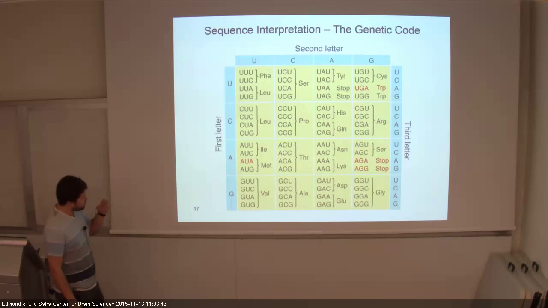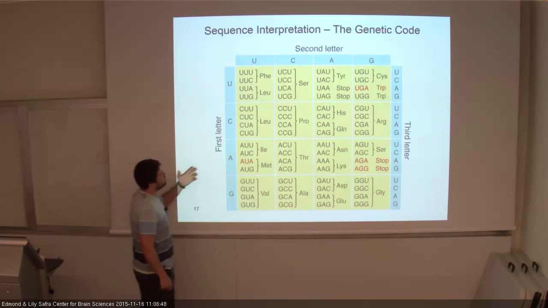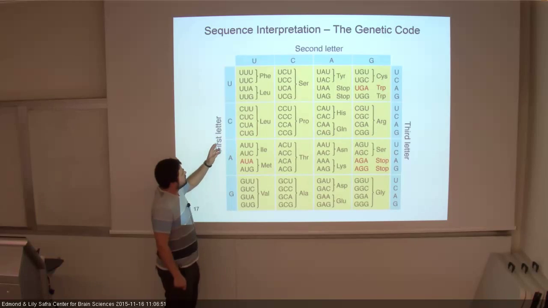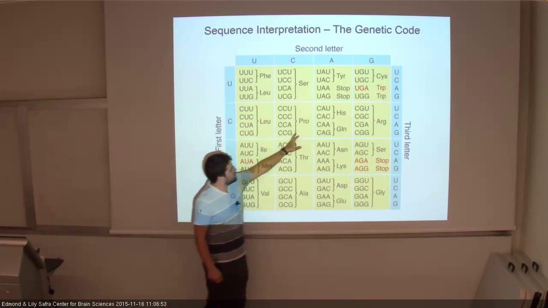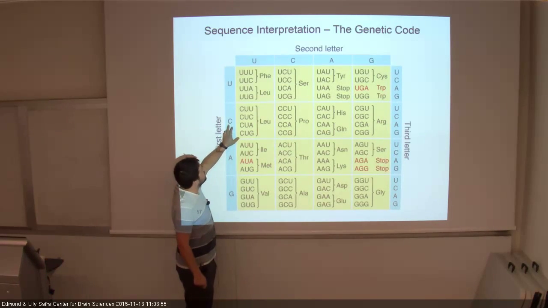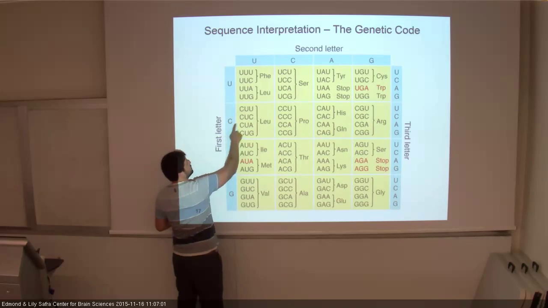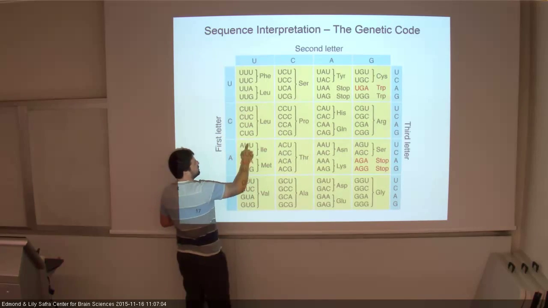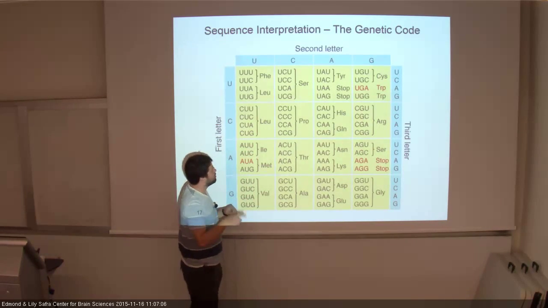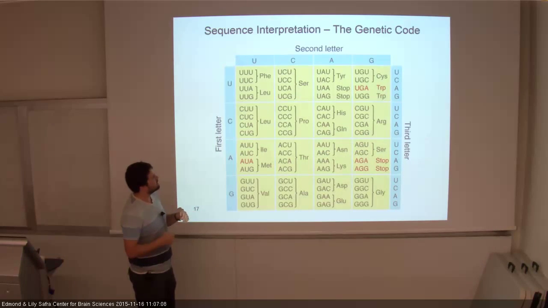And one of the things that you can notice here is that in many of the amino acids, the first two letters are enough. If you want to understand this table, C is the first letter, U is the second letter, and then the third letter, because biologists don't like three-dimensional matrices.